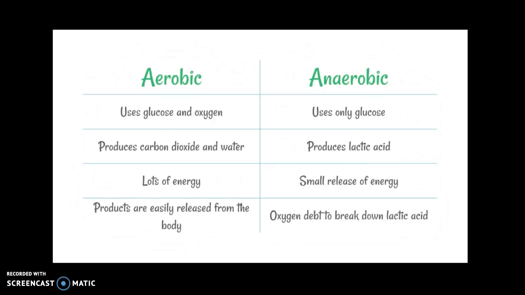We can obviously see that anaerobic respiration has the advantage that where aerobic respiration needs oxygen, anaerobic respiration can progress in its absence. But the trade-off is there's a very small release of energy by comparison, and while the products of aerobic respiration are easily released, for example carbon dioxide is easily removed via the lungs, oxygen debt is required to break down lactic acid.